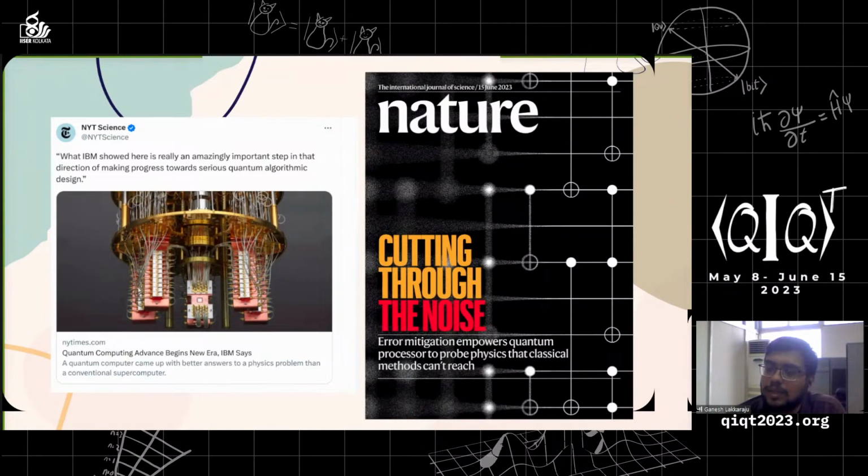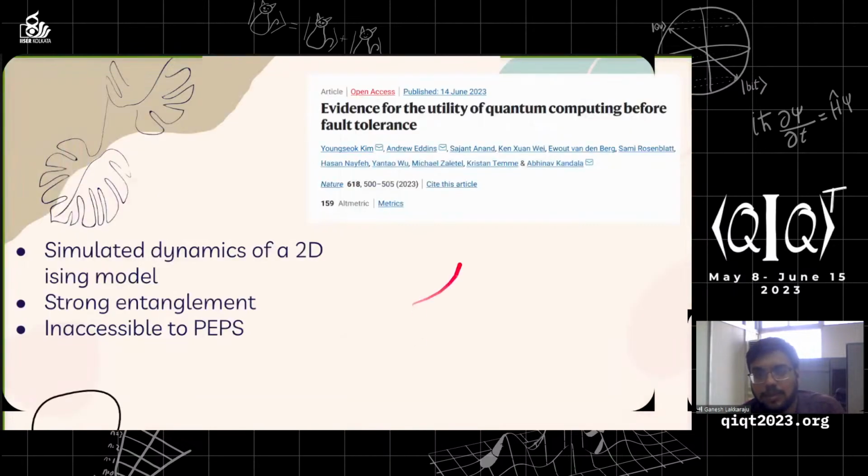The paper shows that the dynamics of this model have been simulated on an actual quantum computer, such that this strong entanglement behavior, which I'm going to talk about, has been simulated, which is inaccessible to many modern tensor network methods.